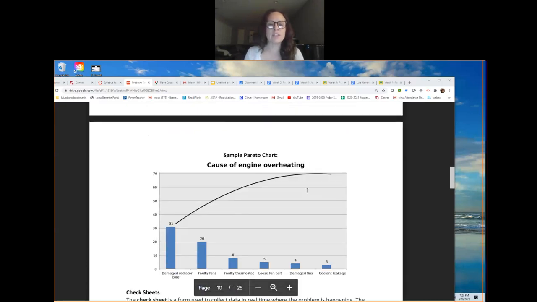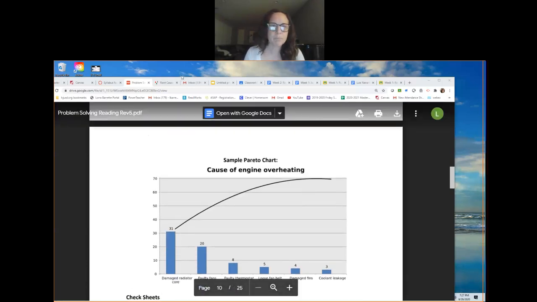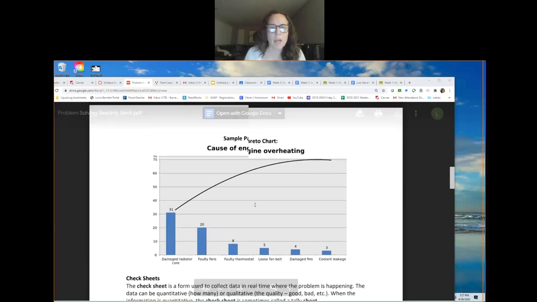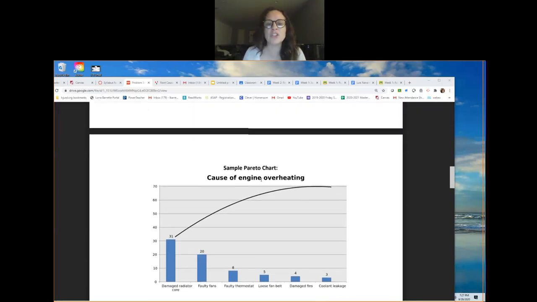So if we look at this chart, it's showing us an engine. The problem is an engine, like a car engine, overheated, meaning it got too hot and radiator steam was blowing out the radiator. The engine overheated.